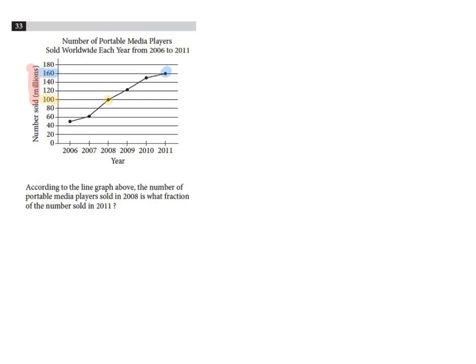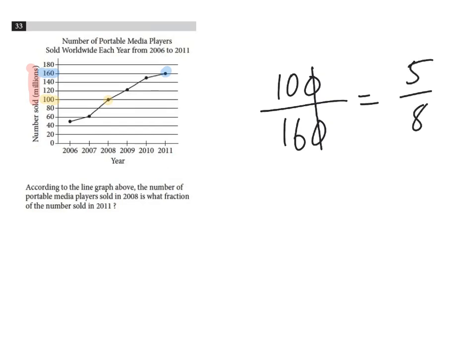So it's 2008 to 2011, so that's going to be 100 to 160. I'm dropping the millions because it doesn't really matter. In fact, I'm going to drop the hundreds anyway. So we have 10 to 16, which can be reduced to 5 to 8. So the fraction sold in 2008 of what's sold in 2011 is 5/8.